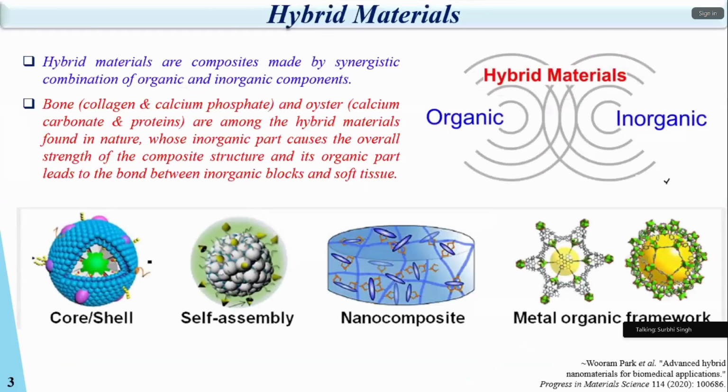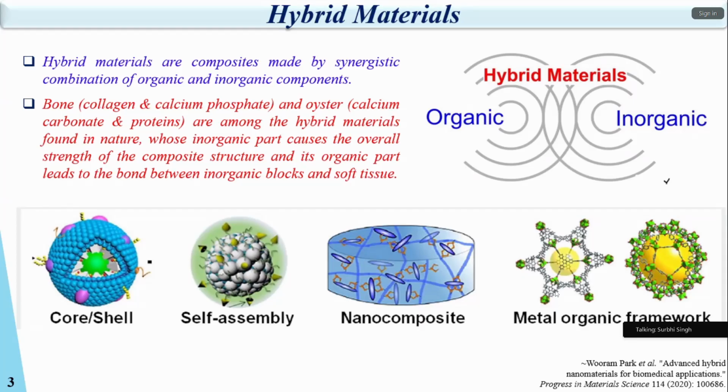So starting with the introduction. Hybrid materials are composites made up of a combination of organic and inorganic components. For example, bone and oyster shell are among hybrid materials found in nature, whose inorganic part gives strength to the composite and whose organic part forms the bond between inorganic blocks and soft tissue.